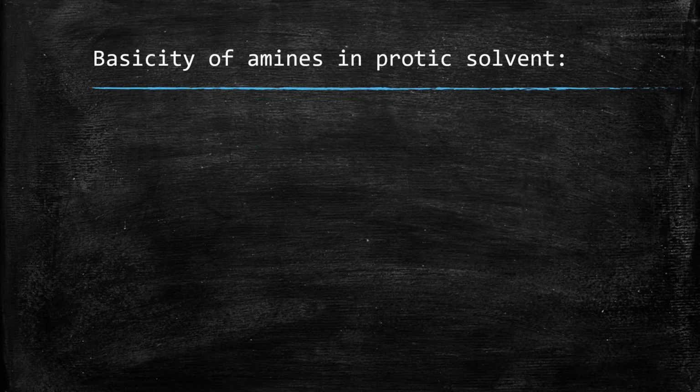After this, let's see basicity of amines in protic solvents. If we take our primary amine, NH2 and H and H, then we take R, N, R and H, that is a secondary amine, and then R, N, R and R. Fine.